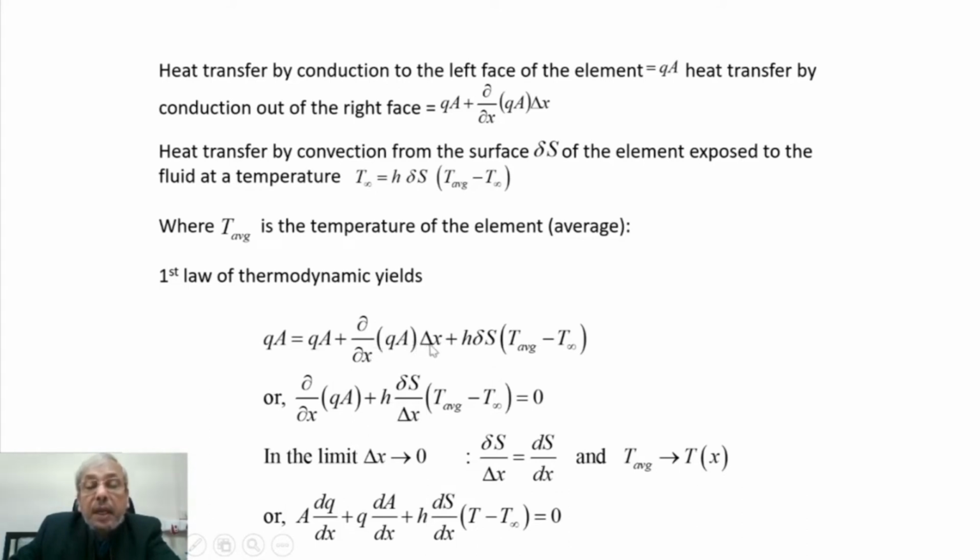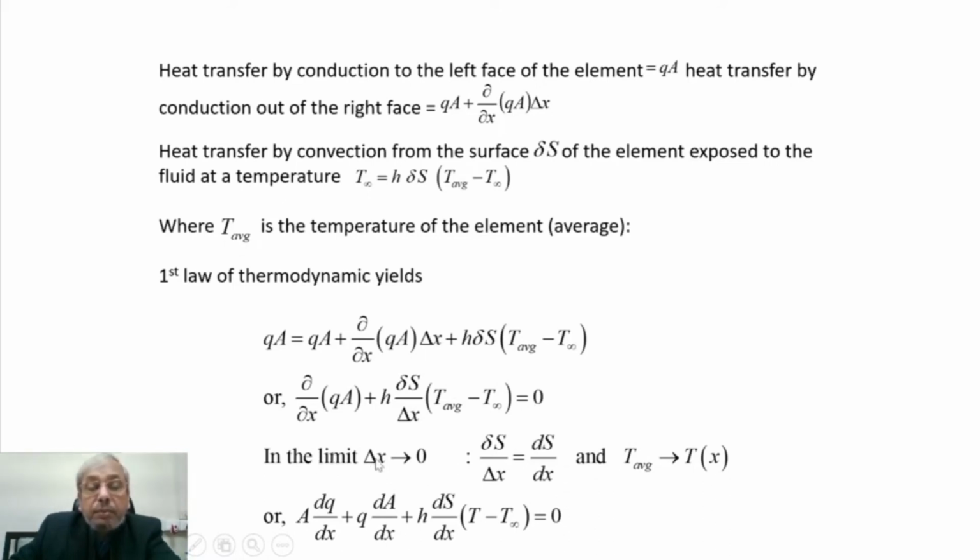Now from the first law of thermodynamics, we can say QA equals QA plus del x of QA delta x plus h delta S into T average minus T infinity. And we can easily recalculate this as del x of QA plus h into ds by dx into T average minus T infinity equal to 0.